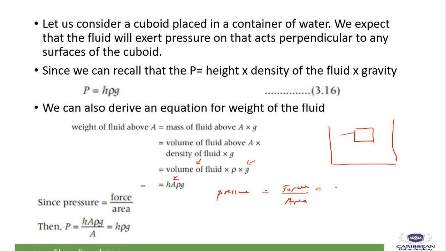We know that the weight of the fluid is equal to height times area times density times gravity, and all of that is divided by area. So area and area cancel out, and H times density times G gives us pressure. This is just as a result of an object being submerged in a fluid. Because the object is submerged, it's going to experience a pressure.